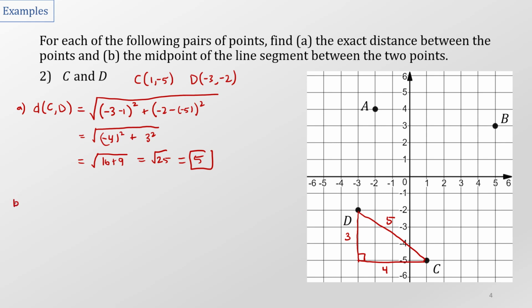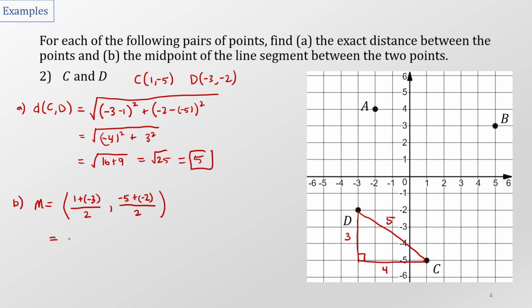In part B, we want to find the midpoint, and the x-coordinate of the midpoint is given by the average of the x-coordinates of the points. So let's add the 2 coordinates and divide by 2. That gives us the average of those 2 points. Same thing for the y-coordinate. We want to find the average of the y-coordinates.